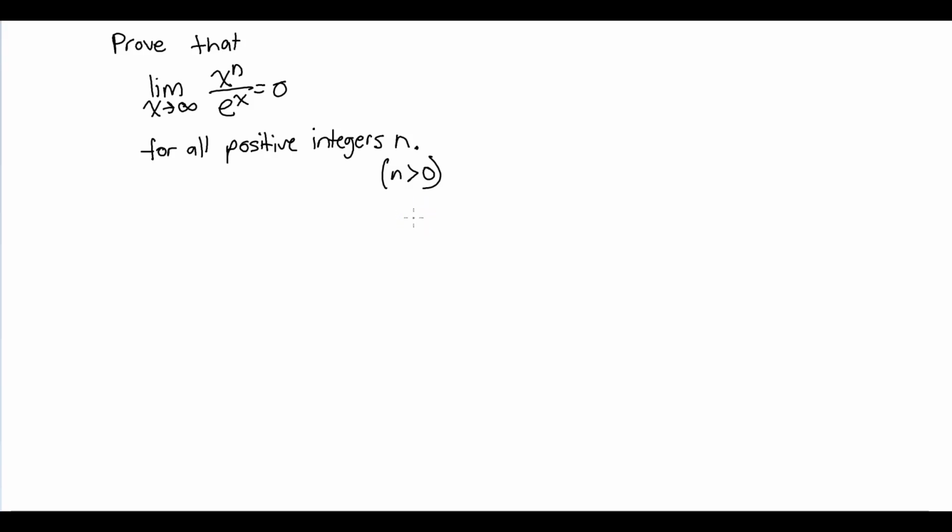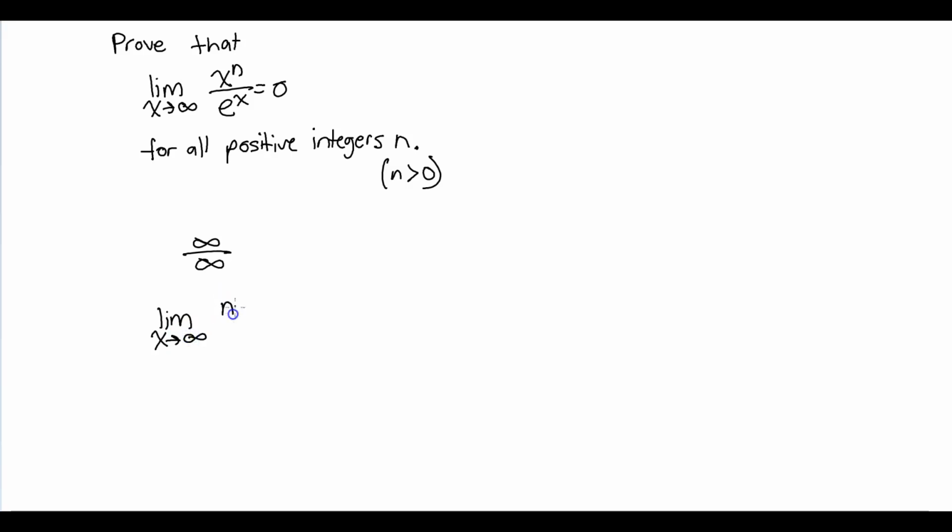Now, what we can do is, as x approaches infinity, we get infinity over infinity. If we were to evaluate this limit by substitution, you see that the numerator approaches infinity and the denominator approaches infinity. So we have an indeterminate form. So what we can do is apply L'Hopital's rule more than once.